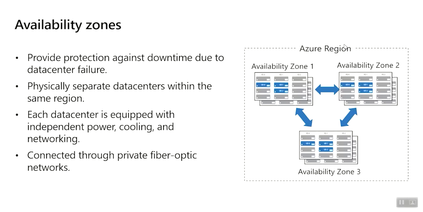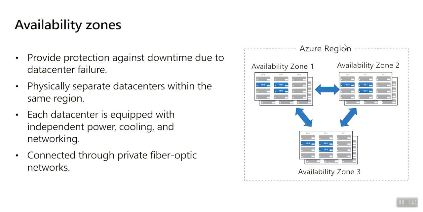So when we refer back to that map, that blue dot, we are looking at an Azure region, like the diagram on the right-hand side. And inside that region, we could have multiple availability zones, up to 3 actually. These are physically separate data centers located within the same region. Each one of these data centers is equipped with its own independent power, cooling, and networking.